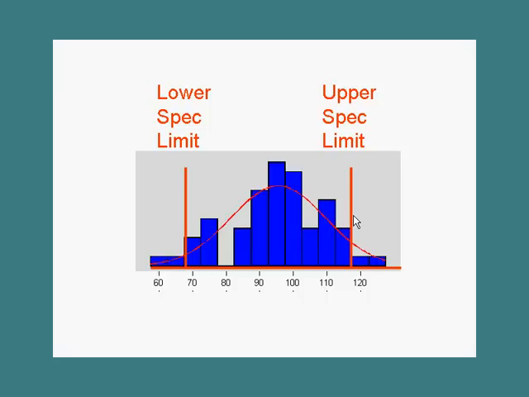Now, this particular diagram is set up with the spec limits at plus 2 sigma and minus 2 sigma. So we know that we're going to have 2.5% of our instances out in this tail and another 2.5% out here. So we're going to pass about 95% of our goods and fail the other 5%.